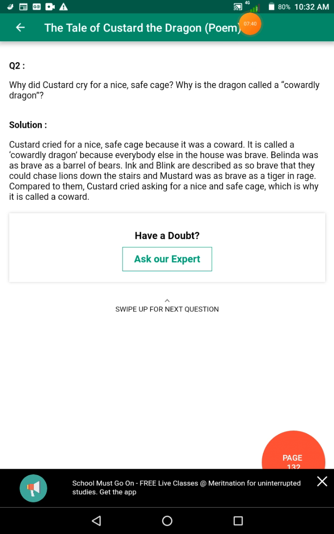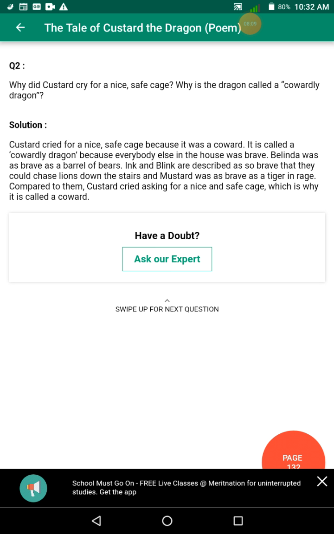Yes. We'll repeat. Custard cried for a nice safe cage because it was a coward. First point. What is it referred to? It is called a cowardly dragon because everybody in the house was brave. We have to write this as second point.